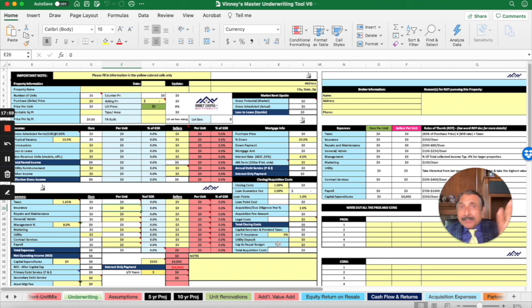If there are staircases to be worked on, or the exterior paint or curb appeal, the signage, all those things cost money. So if you want to raise that money from your investors, you need to put it in here, or you could put it in the loan amount, which is up there.